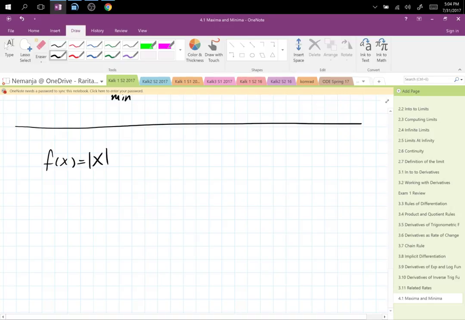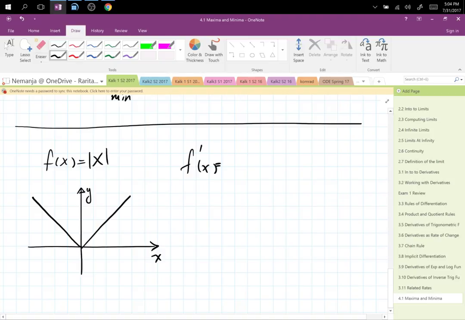So this is one of those cases where the derivative doesn't exist. If I try to find the derivative here, f prime of x, I actually have to use a piecewise function, because the derivative is 1 for all values larger than 0, and the derivative is negative 1 for all values smaller than 0.